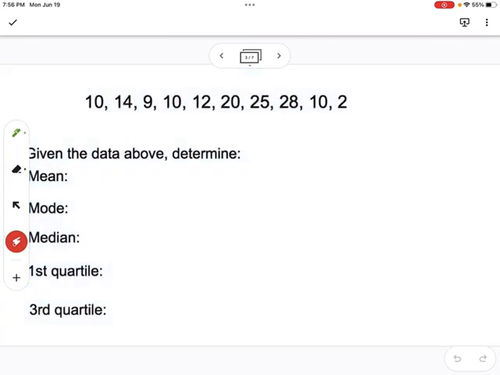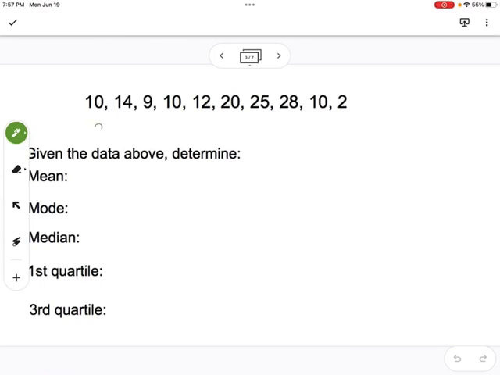Now, looking at our stats, we have the given data here, and we want to determine certain values. What it's asking for is mean, mode, median, first quartile, and third quartile. Whenever you have a set of data, the first thing you want to do is put it in order, from lowest to highest.